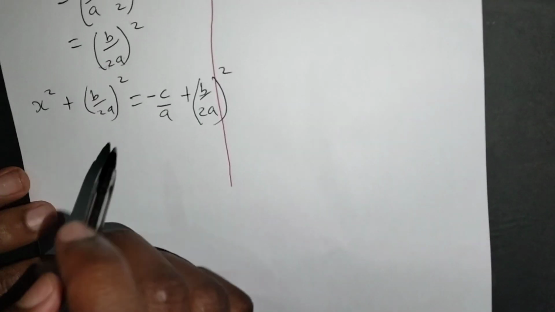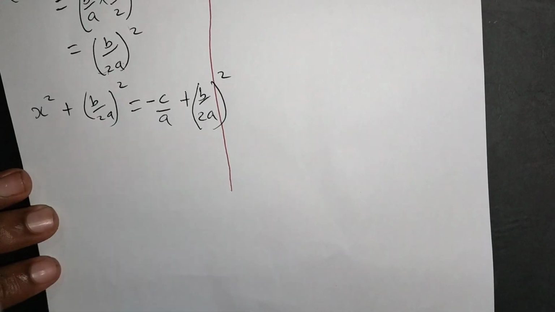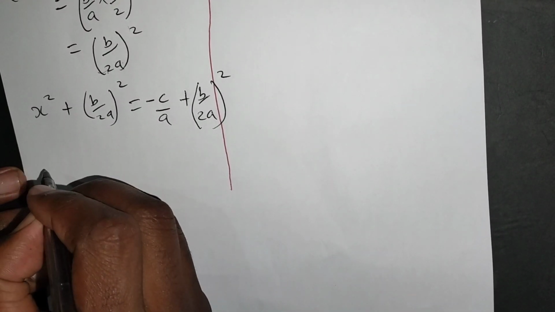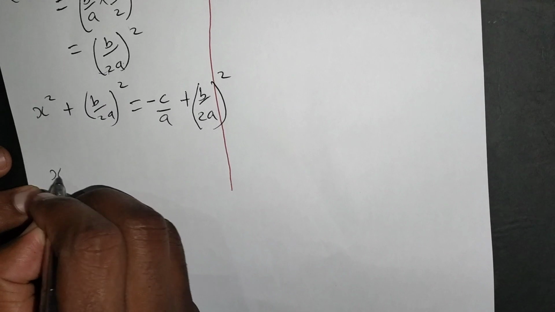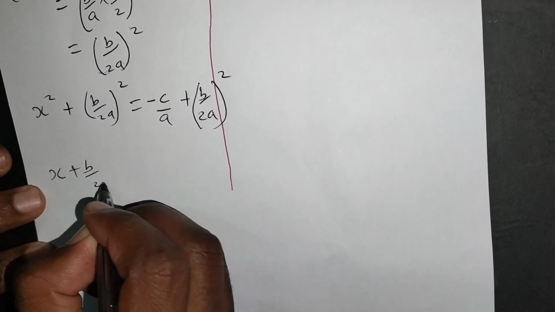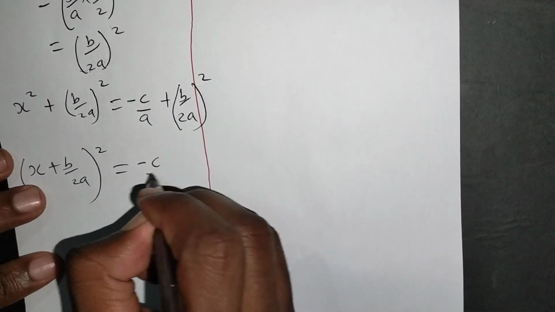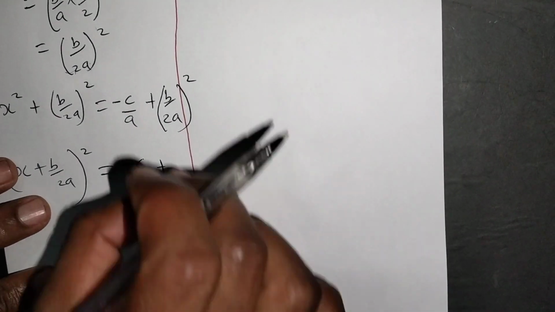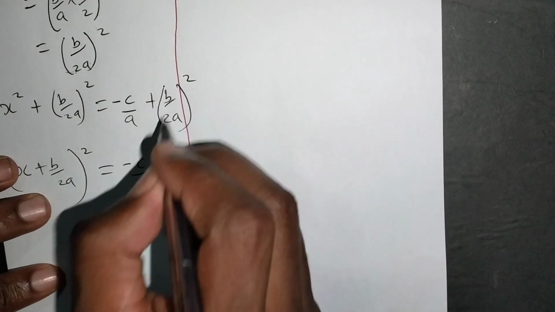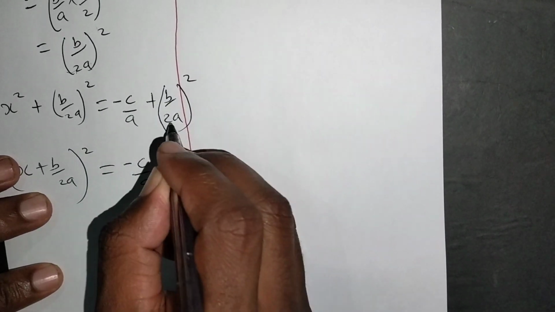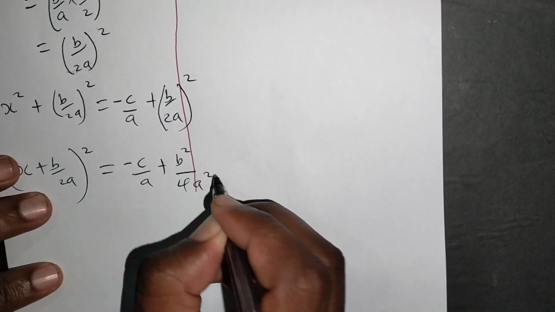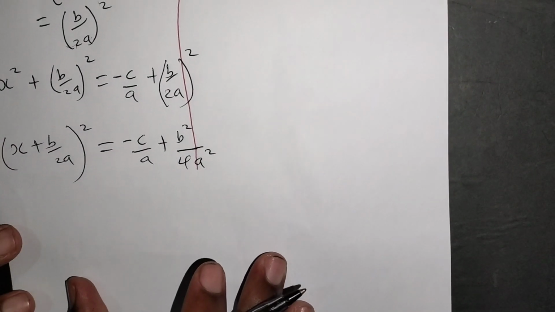Then from here, because I have squared and squared here, I'm going to factor so that I simply remain with x plus b over 2a, then of course everything is squared, equal to negative c over a, then plus, I'm going to open this square, so I'm going to have b squared divided by 2 squared, which is 4, a squared of course will be a squared.